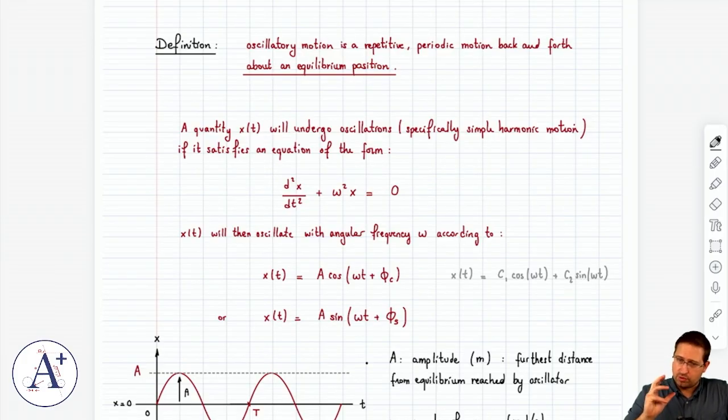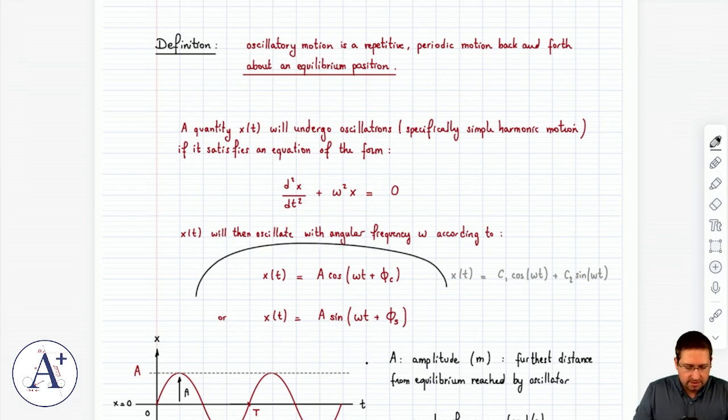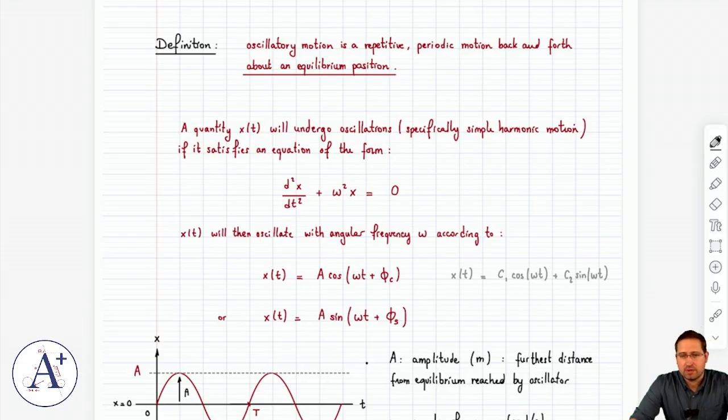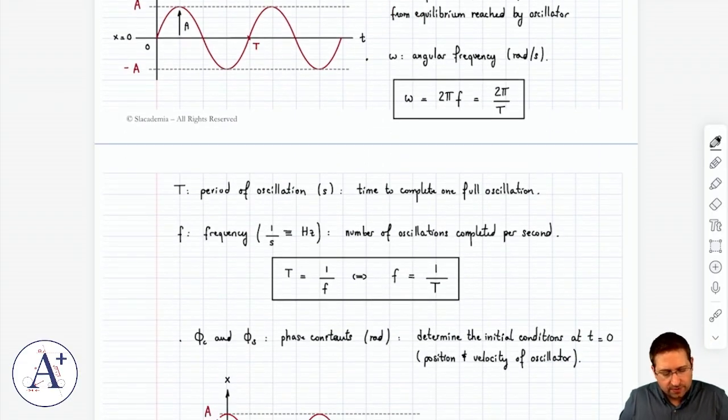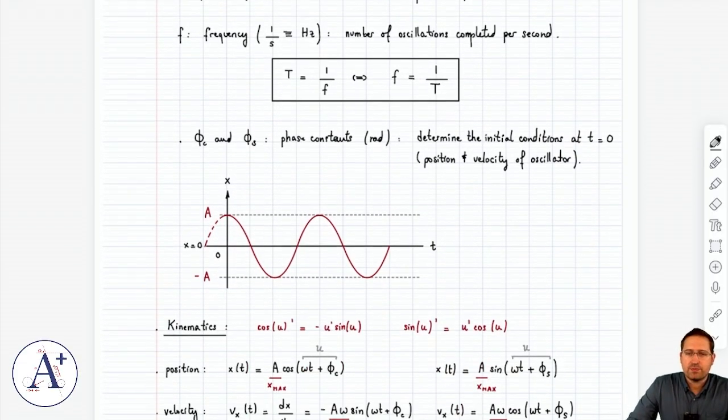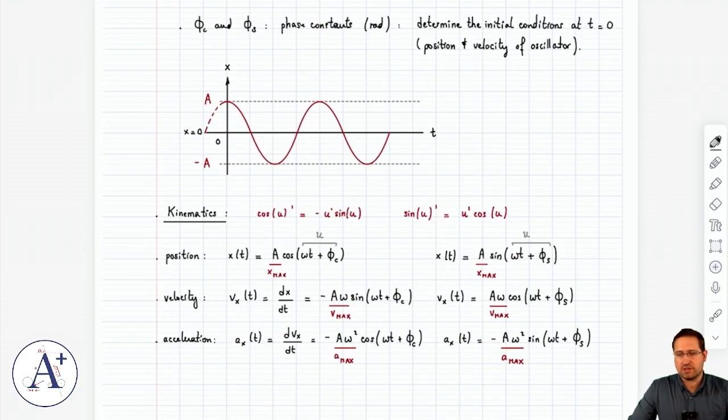We only care that you know how to recognize it, and you can say that if x follows that equation, then it must be the case that x looks like this, one of these two. And looking like this means that you are going to oscillate with time back and forth. You will oscillate with an amplitude, a frequency, and a period, and a specific phase constant just to describe what's happening at the beginning of your oscillations.